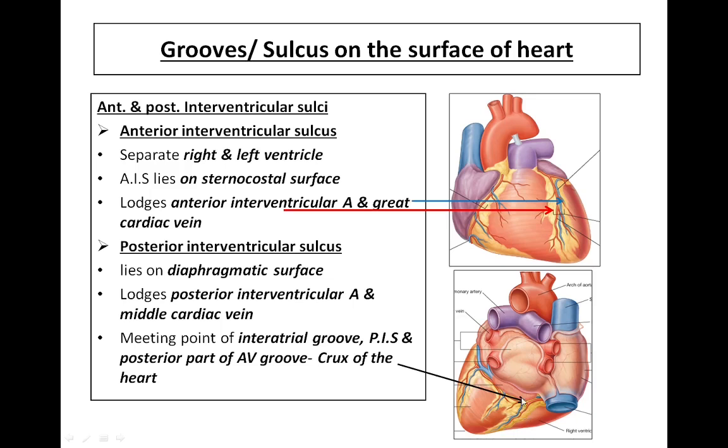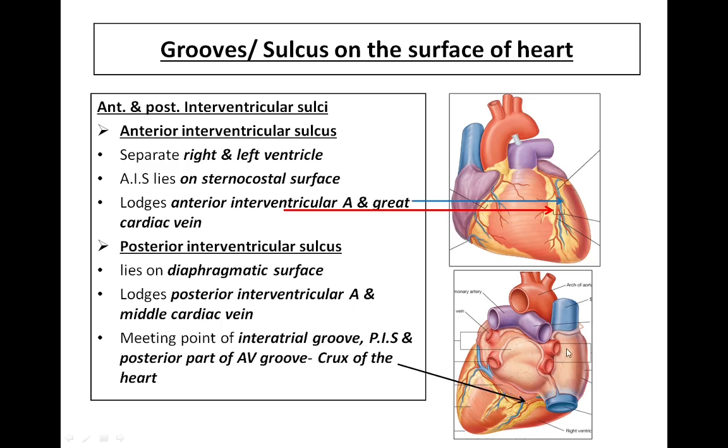Now this meeting point, see here, this is our coronary sulcus, this is our posterior interventricular groove. This meeting point is called the crux of the heart. So if in the viva it is asked what is the crux, then our answer is: it is the meeting point of the posterior interventricular groove, coronary sulcus or atrioventricular groove, and interatrial sulcus.